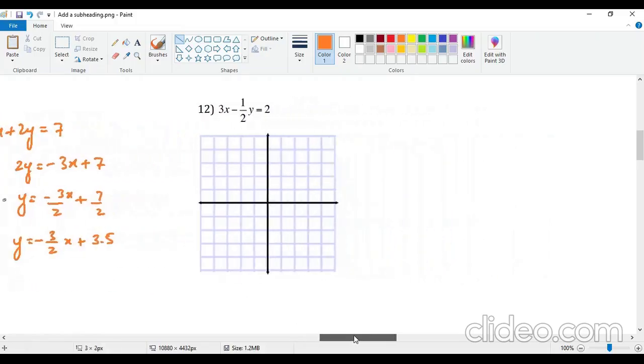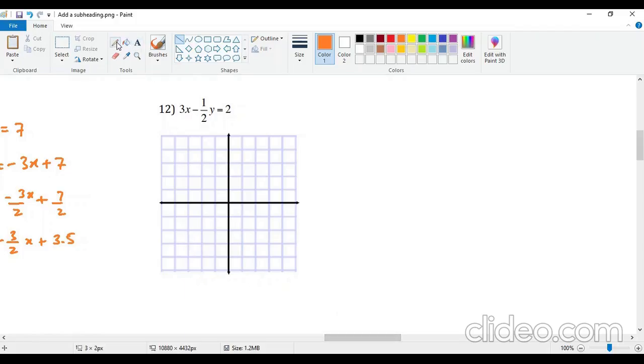Now comes the last question of this topic. It says 3x minus 1 over 2y equals 2. I will bring this one over here and this one over here to make things easier for me to work with.